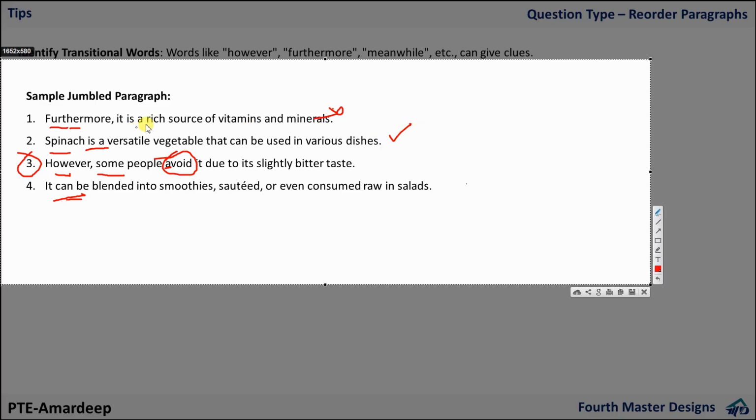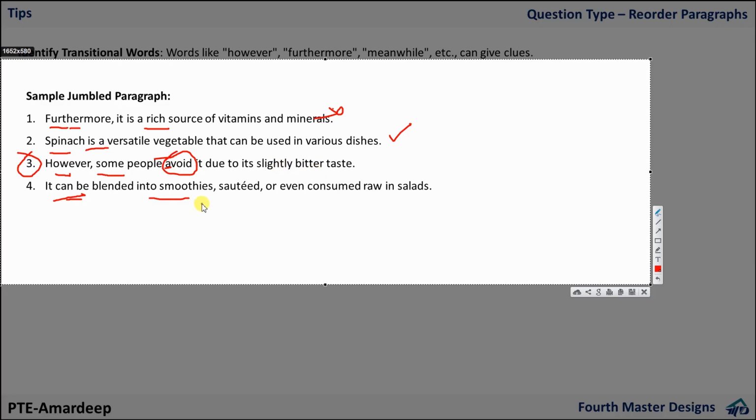Then furthermore, it is a rich source. Furthermore is also adding to something. Some people avoid. Now let's see where people are using this spinach. It can be blended into smoothies. So what I will do, I will go for your fourth one after this. It is a rich source.